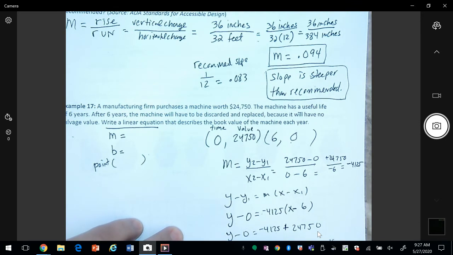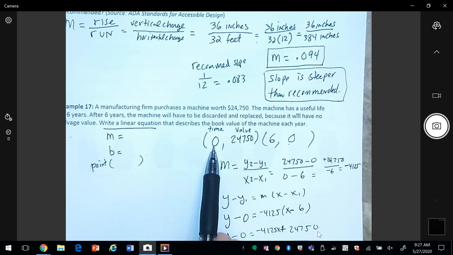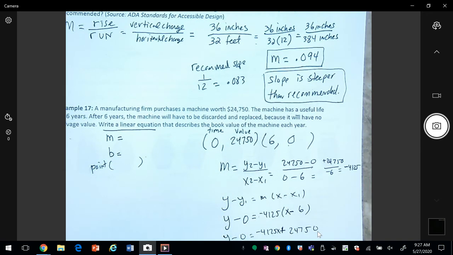So we get that the equation is negative 4125x plus 24,750. And if you notice from the beginning, this number is special because your x is 0, and that makes that your y-intercept, which is what I got here.